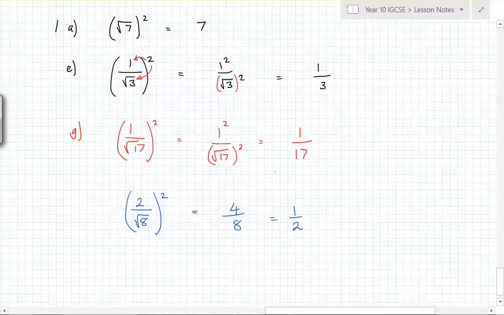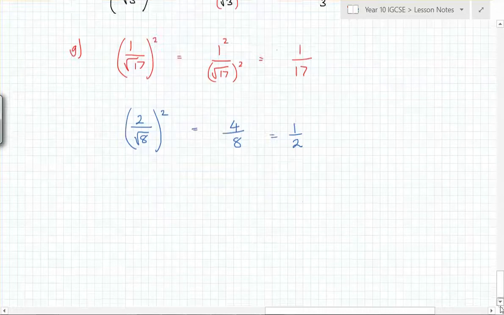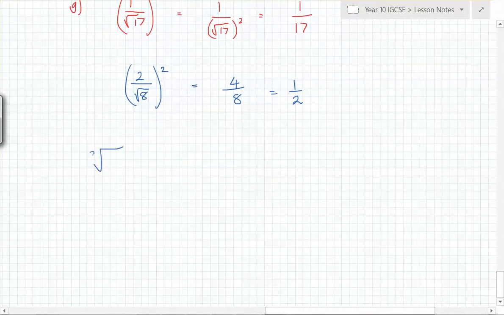Question 2. The cube root of 2 cubed. Let's just do it verbally together. The cube root of 2 cubed is?